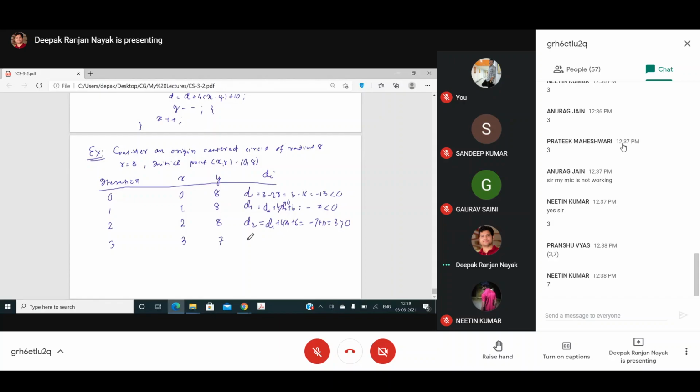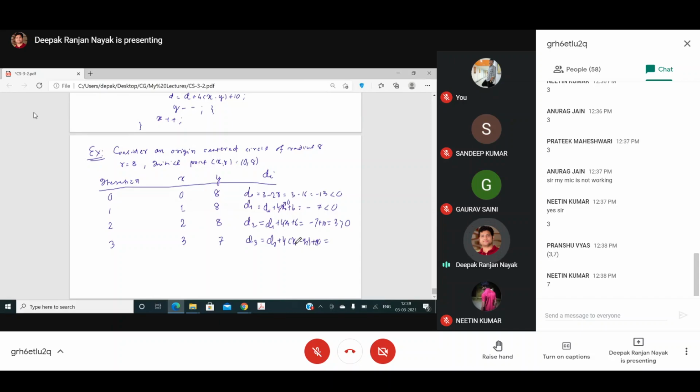Next value, D3. So if it is greater than 0, which formula is to be applied? The formula is D2 plus 4 into xi minus yi plus 10. So what will be the value? Please calculate and tell me what value you will get from this equation.